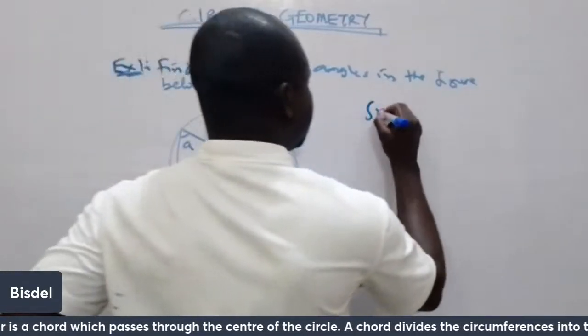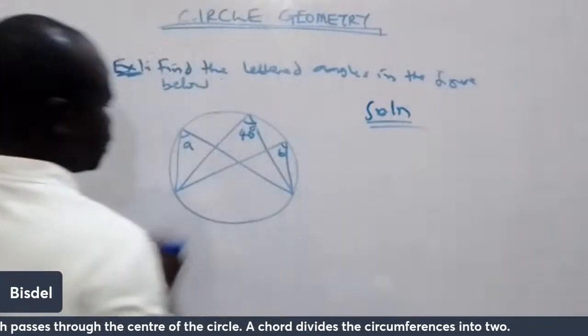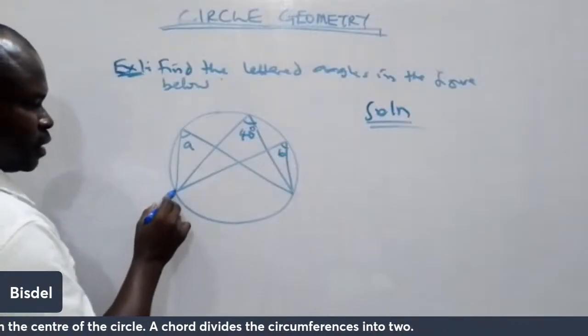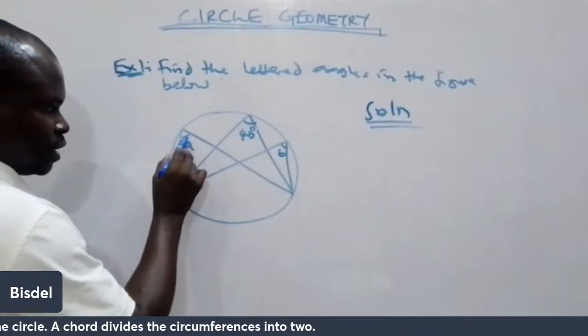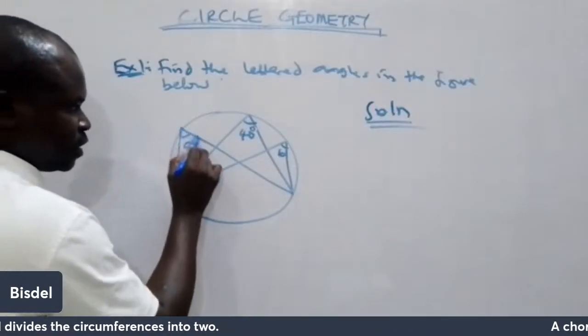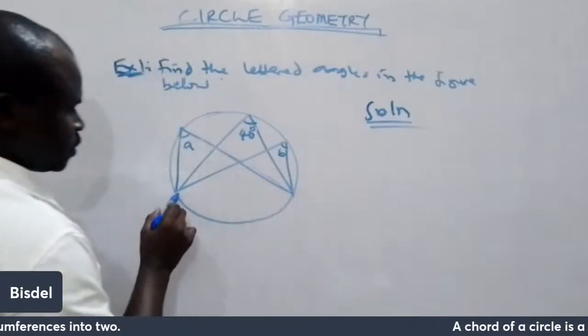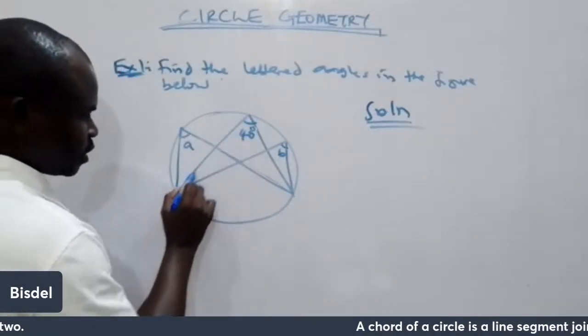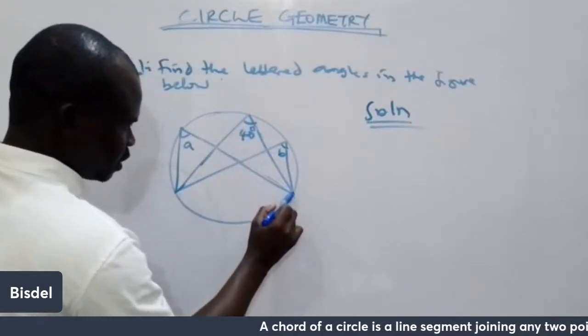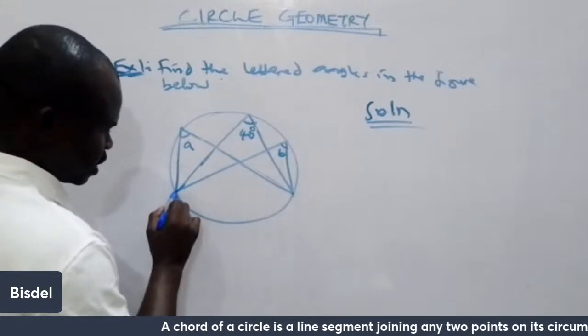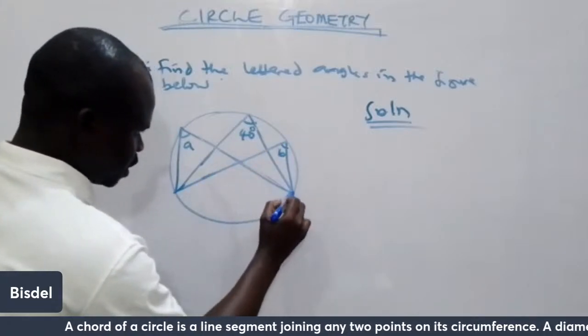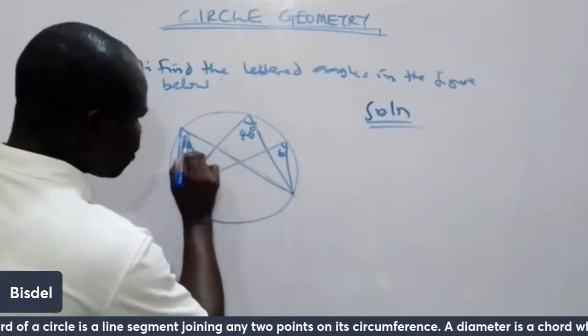Solution. If you look at this diagram very well, angle A starts from here to this point. This angle 40 starts from here to this point. The angle B starts from here to this point. All these three angles are on the same segment.